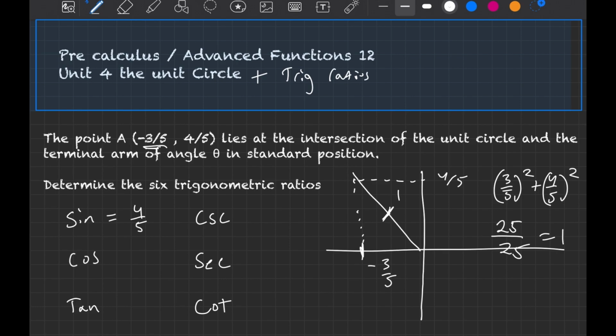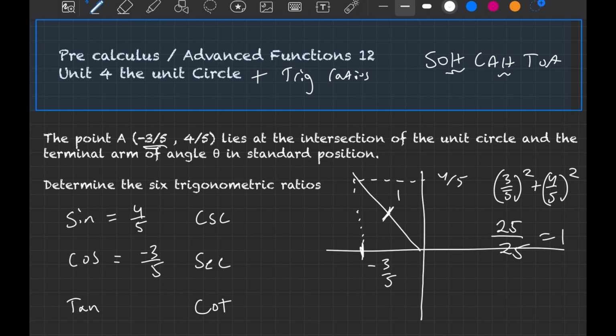We know cosine is going to be the x, so that's going to be minus 3 over 5 divided by 1, because the hypotenuse is 1, so therefore it's just going to be adjacent.